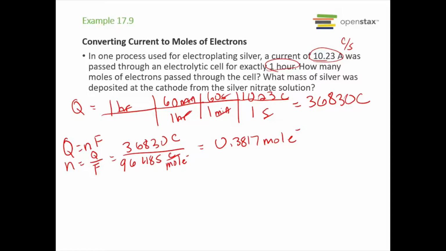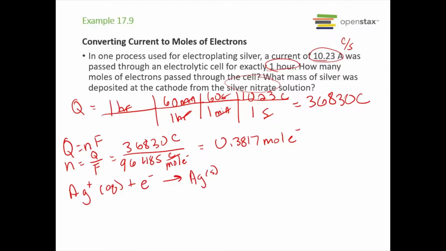So we're also told that we used a silver nitrate solution. So we also know that at the cathode, the silver nitrate gives us Ag+, and that needs 1 electron to give us solid silver.